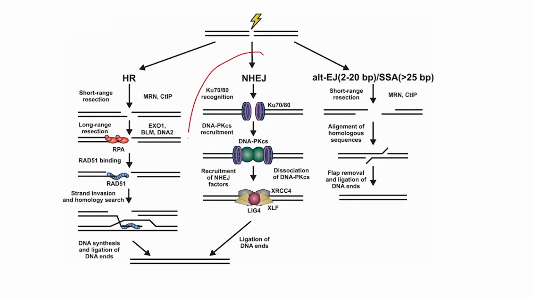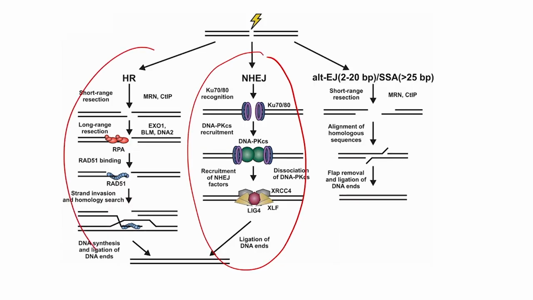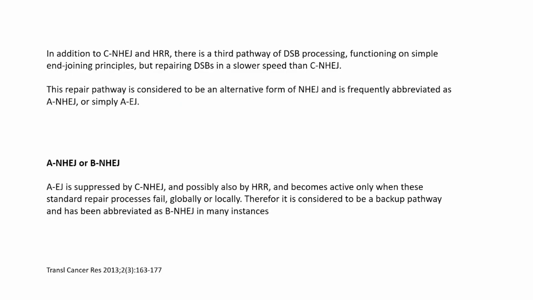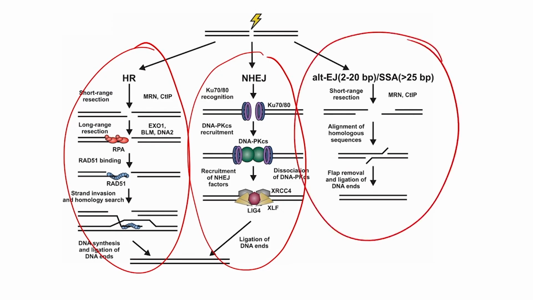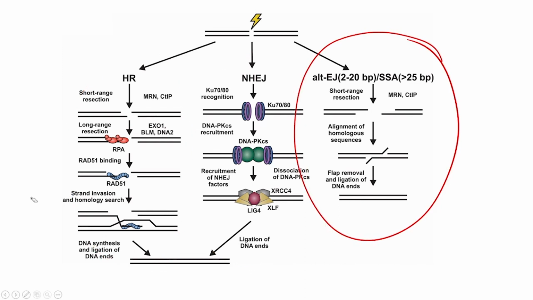So, now you know about the homologous recombination and non-homologous end joining repair pathways. In addition to these, conventional NHEJ and homologous recombination repair, there is a third pathway of double strand break repair, which we call as ALT-EJ or A-NHEJ.